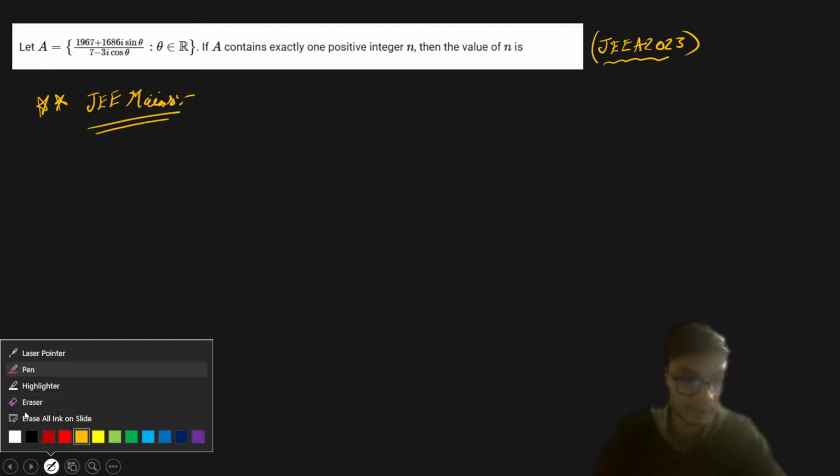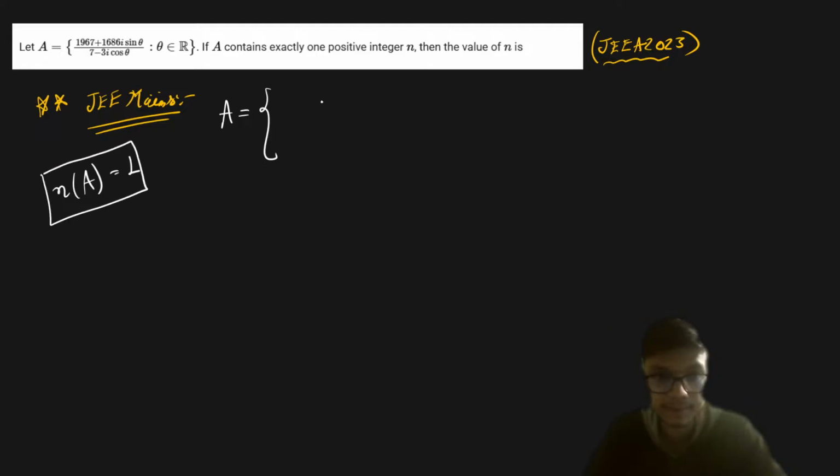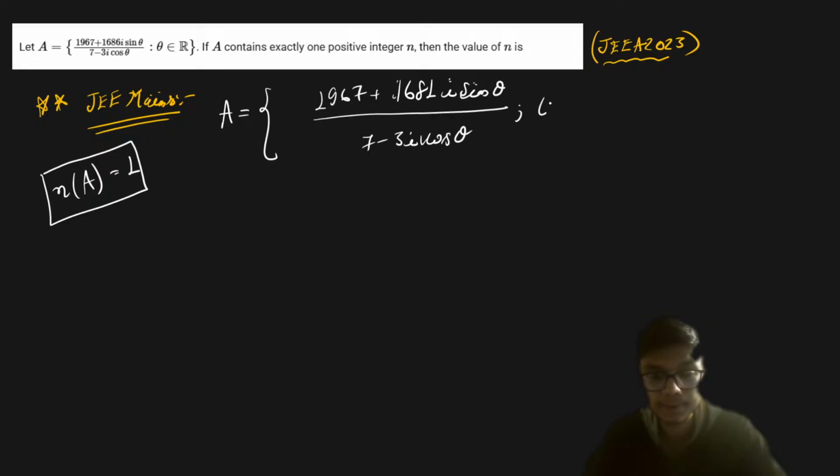The first thing that you look at in this problem is that A is a set of positive integers n, and it contains only one integer, that is, the cardinality of the set A is 1. The set A is given such that it consists of complex numbers of this particular form, where theta belongs to the real numbers, and it contains only one positive integer.